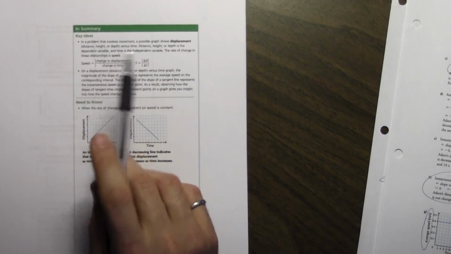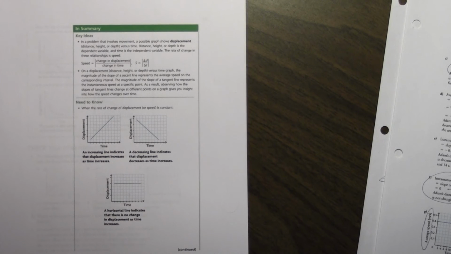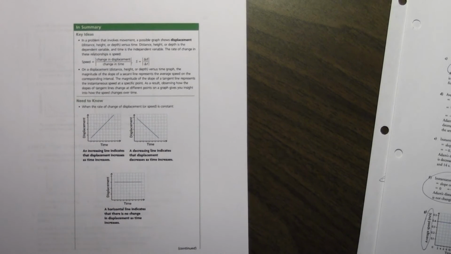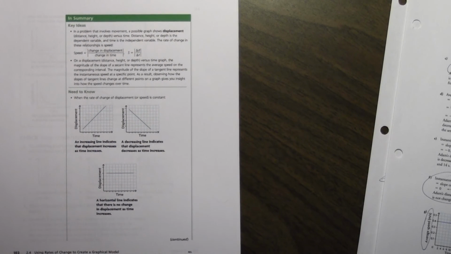In summary, somebody else read this. Joseph, he's on his phone. Go ahead, read this, Joseph. In a problem that involves movement, a possible graph shows displacement, distance, height, or depth versus time. Distance, height, or depth is the dependent variable, and time is the independent variable. The rate of change in these relationships is speed. Speed is equal to the absolute value of change in displacement over change in time.